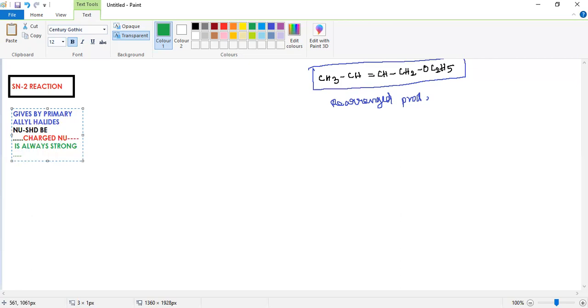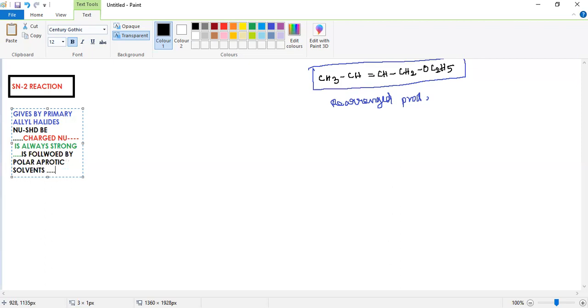Clear? And SN2 reactions are followed by what type of solvents, polar protic or aprotic? They are followed by polar aprotic solvents, isn't it?